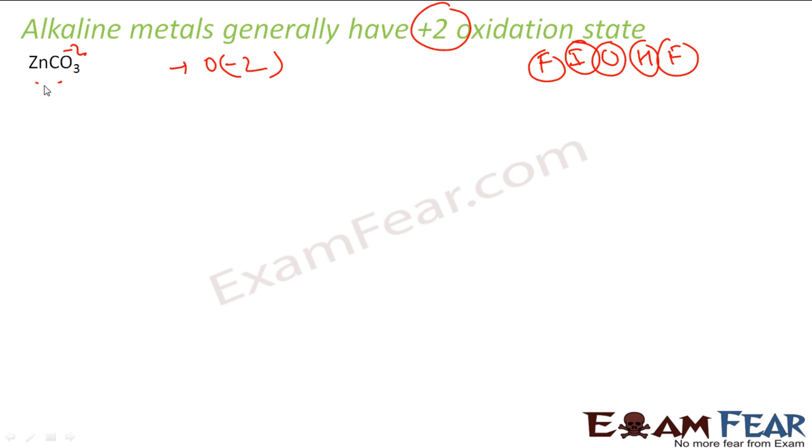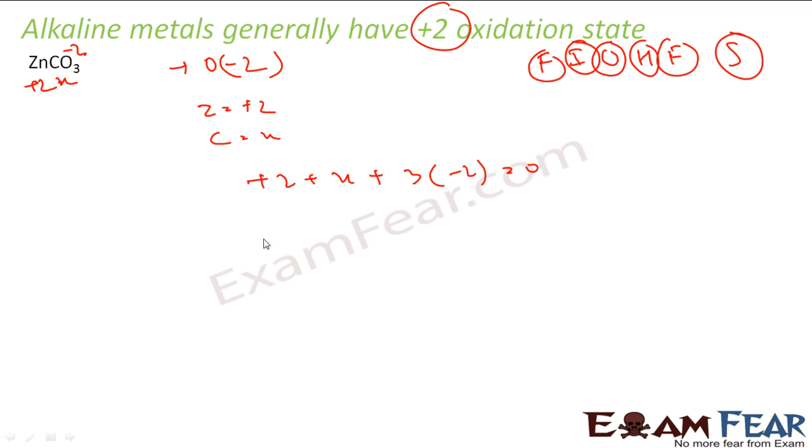So I have two unknowns, zinc and carbon. What will you do? Then we'll use this. So zinc will become +2, and carbon is X. So we'll solve this. Zinc is +2, carbon is X, plus 3 into -2, and the total sum is 0. With this, you get X as 4. So carbon has an oxidation state of +4.